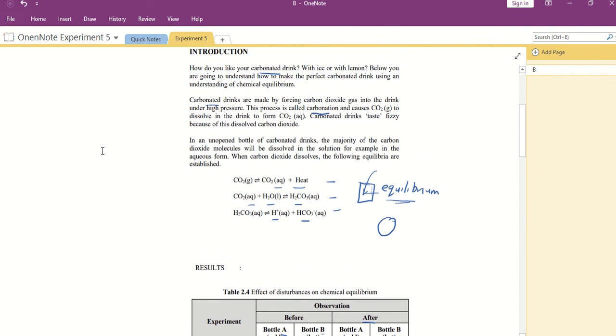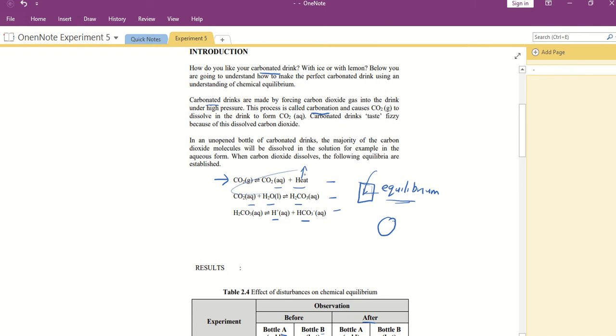What happened is that we increased the temperature for bottle B. We have to refer to the first equation. After we put the bottle in the beaker filled with boiling water, the heat increases.